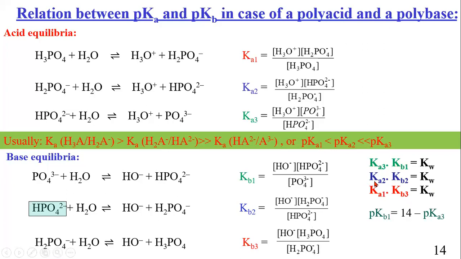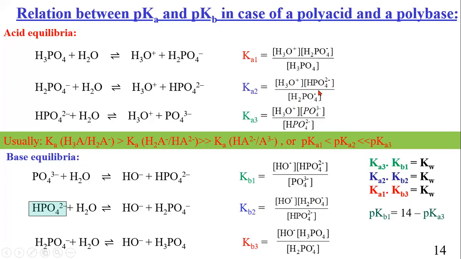In the case of here, Kb2, if I need a Ka here, what Ka should I choose? I choose the Ka that has the same couple, H2PO4 minus with HPO4 2 minus. Who has that same couple in the acidity? Absolutely. It's also Ka2 in that case, H2PO4 with HPO4.